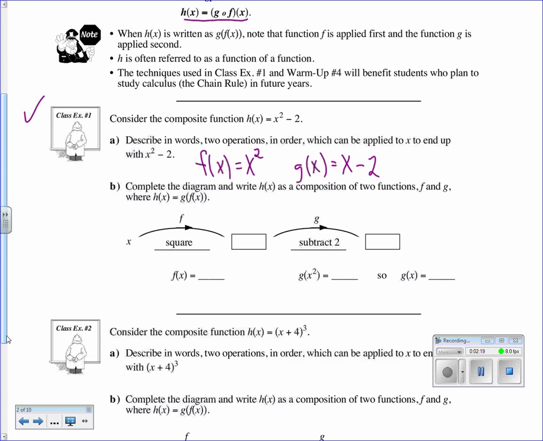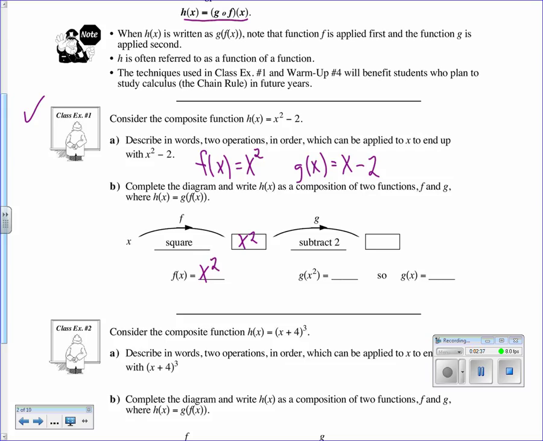So f at x is x squared. So we take the function x and square it, and then we subtract 2. So the functions end up looking like what we discussed. The f at x takes x and squares it.